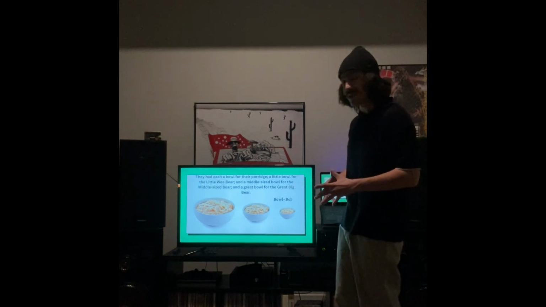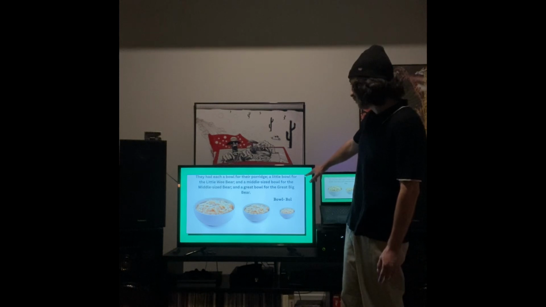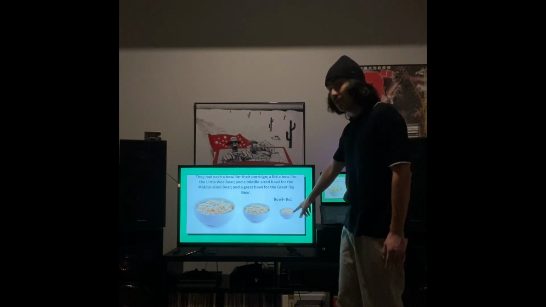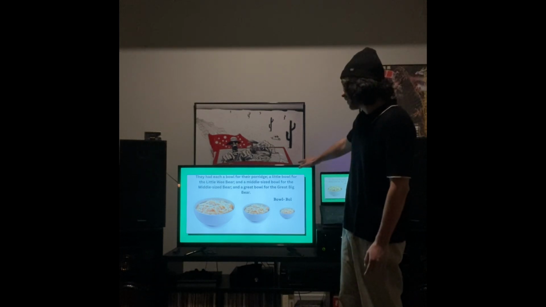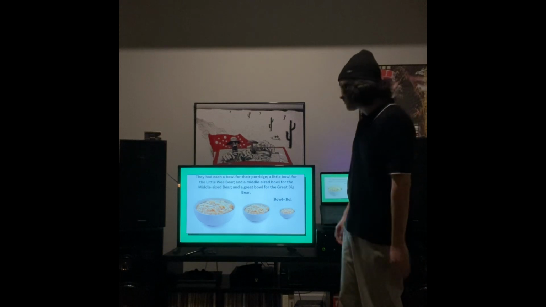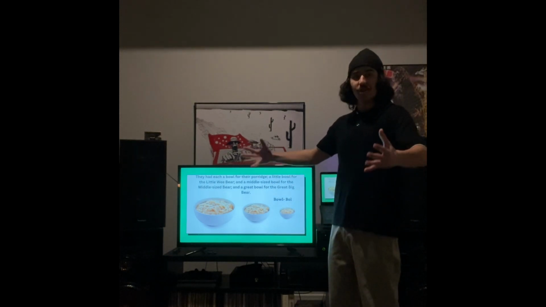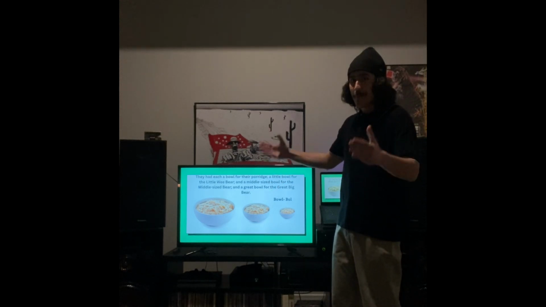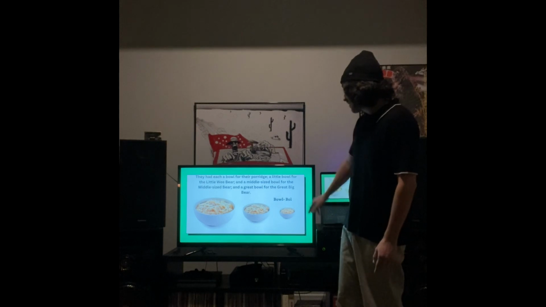So let's begin. They had each a bowl for their porridge. A little bowl for little wee bear, a middle-sized bowl for the middle-sized bear, and a great big bowl for the great big bear.